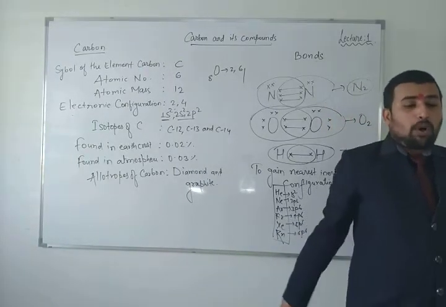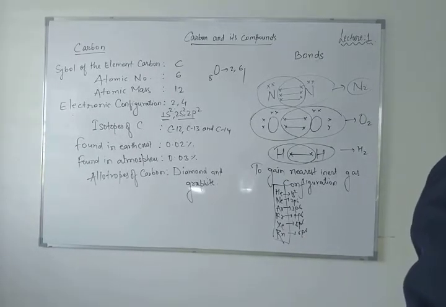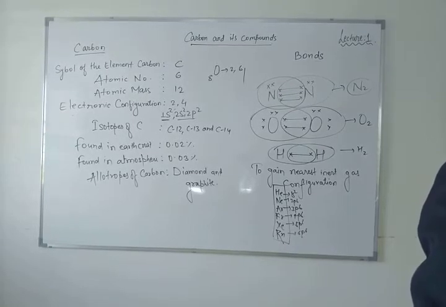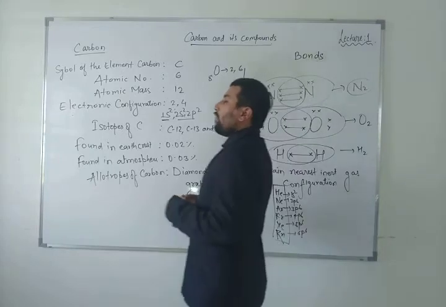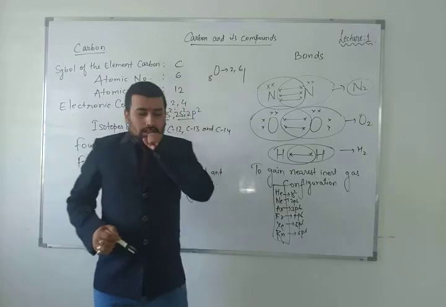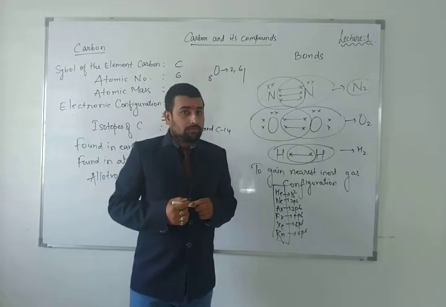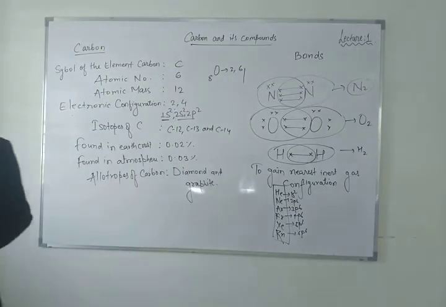Now the main important thing in this chapter is the allotropes of carbon. Have you heard the word allotropes? Allotropes: graphite and diamond. If you have seen the GSEB books, the Gujarat Secondary Education Board books, the first chapter is Science and Nanotechnology, with the buckyball. Graphite and diamond are made up of carbon only.